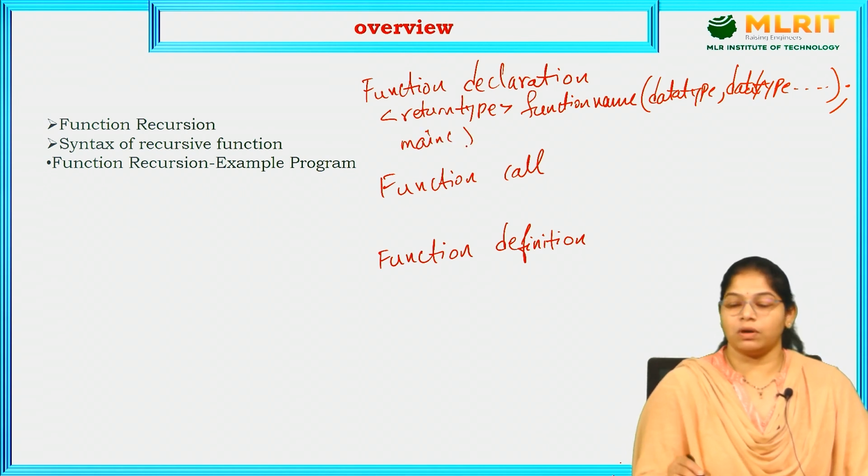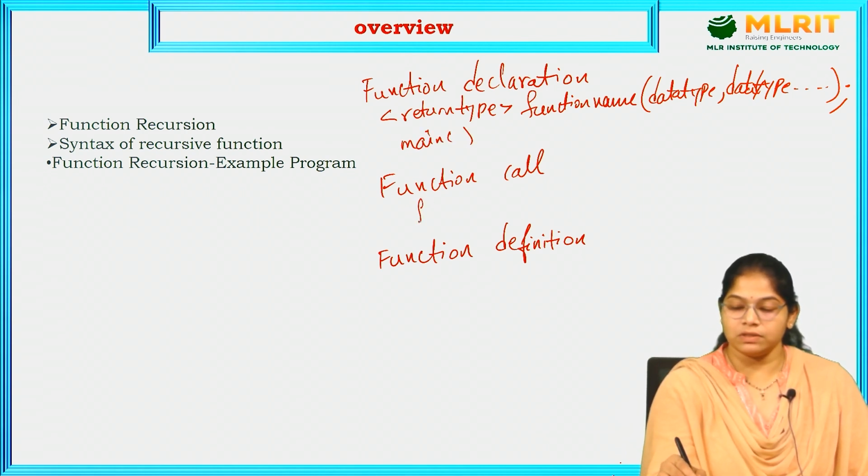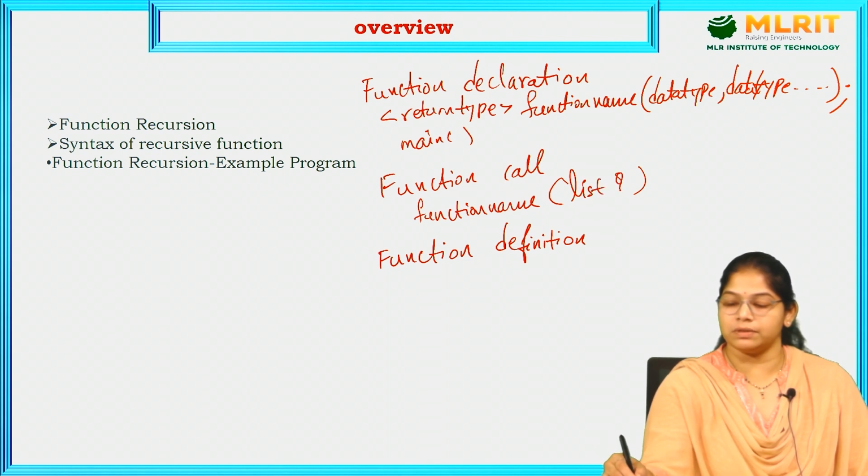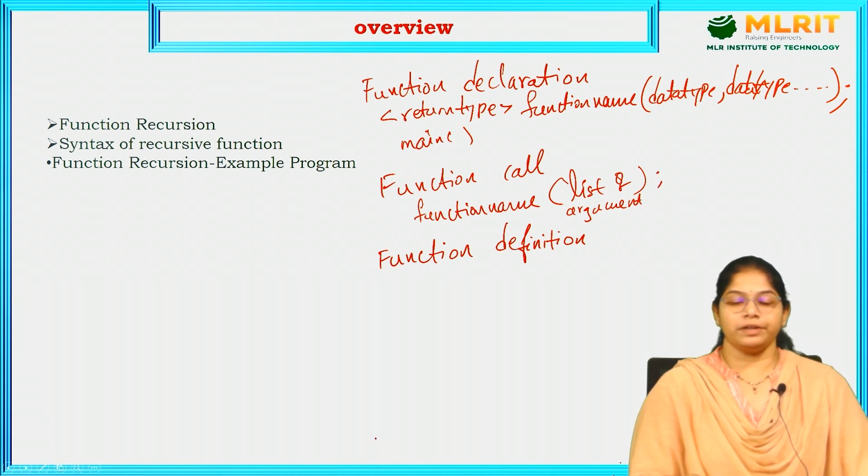Then function call. The syntax for a function call is just the function name, and then here we'll write a list of parameters or arguments. This is also terminated with a semicolon.